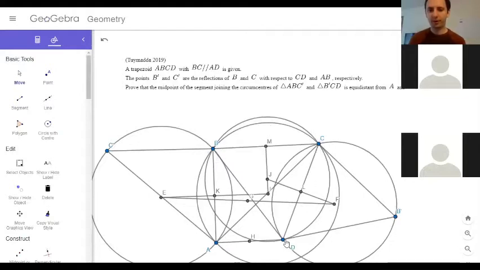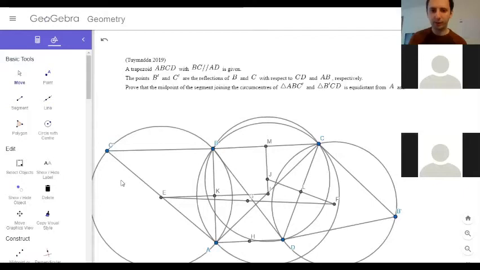So we start with the trapezoid ABCD. So BC is parallel to AD. And then we reflect C across AB to get C prime. And we reflect B across CD to get B prime. And then E and F are the circumcenters of these two circles, ABC prime and CDB prime.